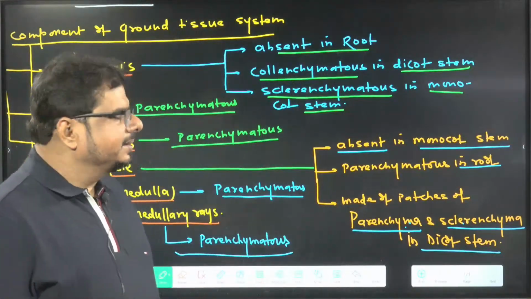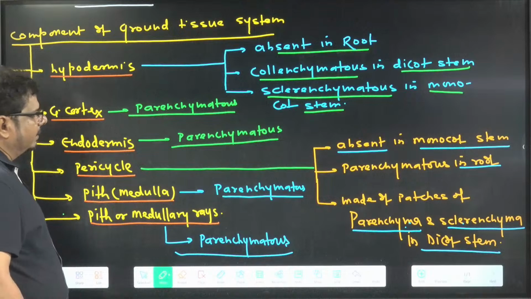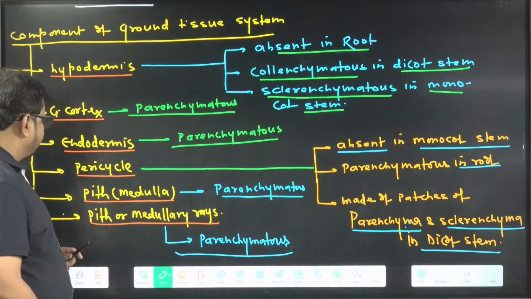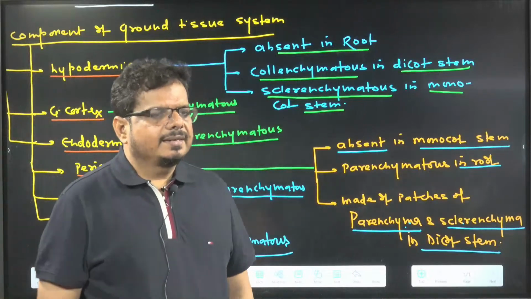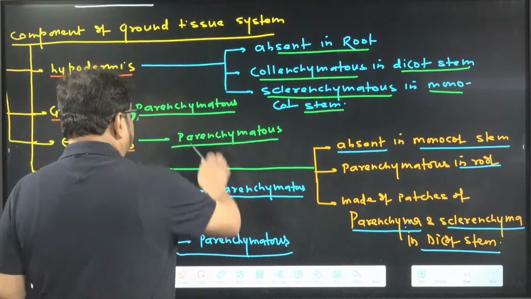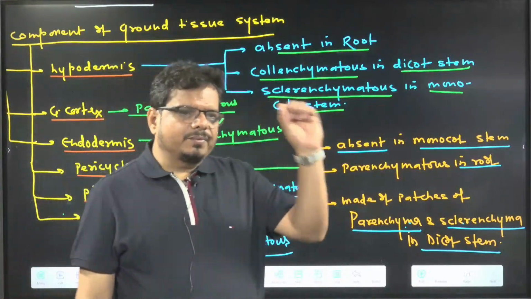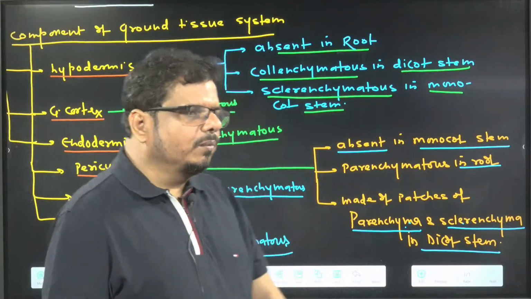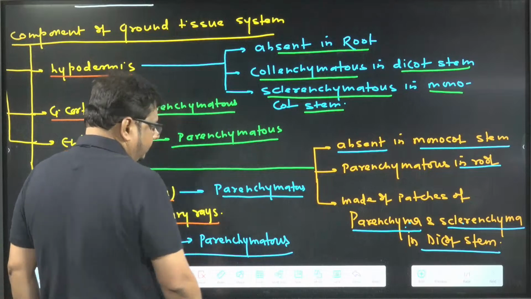Parenchyma is present in general cortex, endodermis, pericycle, pith and medullary rays. Understanding the idea or not? Clarity came in the mind. And it is important. From here questions will be asked: where present, where absent, what it is made up of. Okay? Now we are moving ahead.